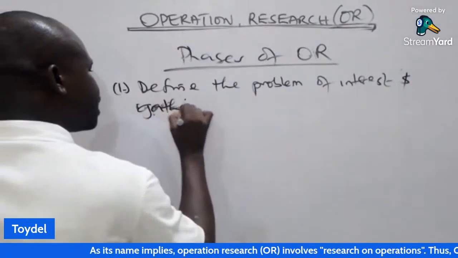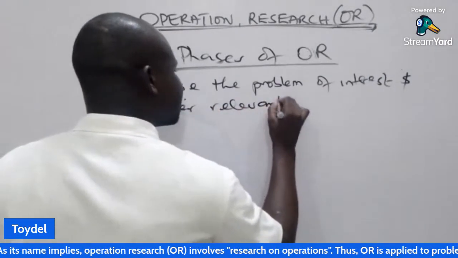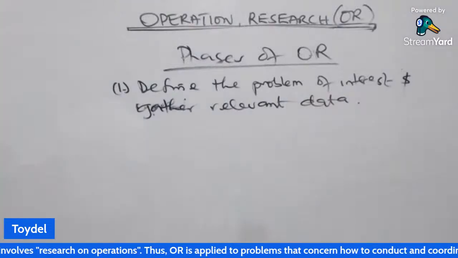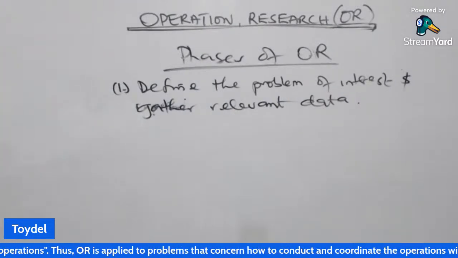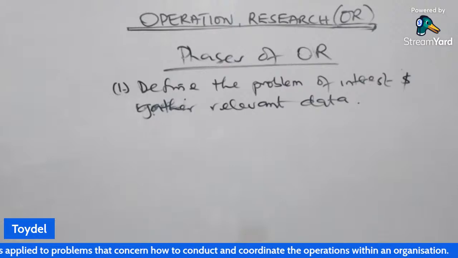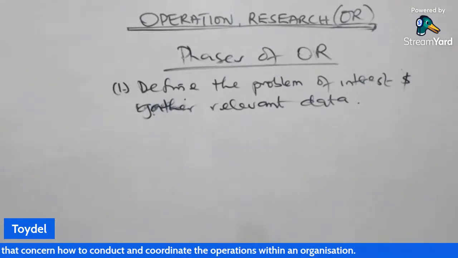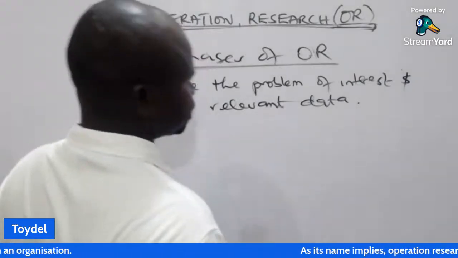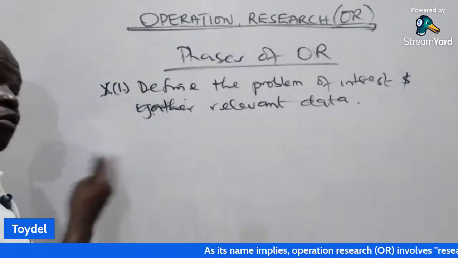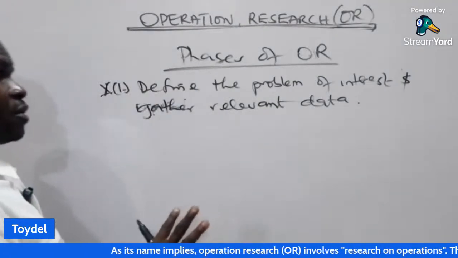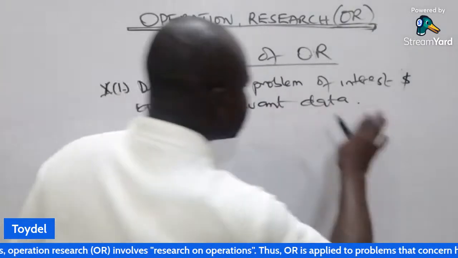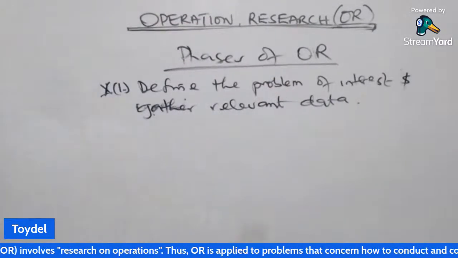In any problem in life, we must define that problem, because if you don't really understand the problem, then providing a solution will be almost impossible. So under phases of OR, the first thing we do is define the problem of interest. Of course, all the problems of interest in this course will be mathematical problems, but I want to look at the overview of OR generally. So we define the problem of interest and gather relevant data.